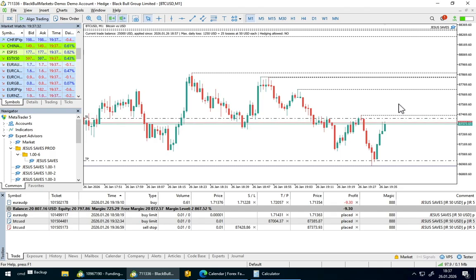So I prefer to go into a buy, but it's working with sells as well. When the spread is small, then it's not a big problem. When it's bigger, it's not a problem as well. We just have to make sure that it should work.